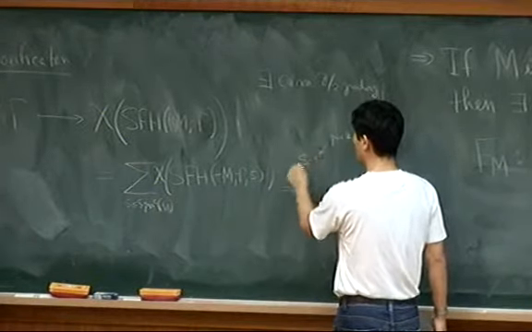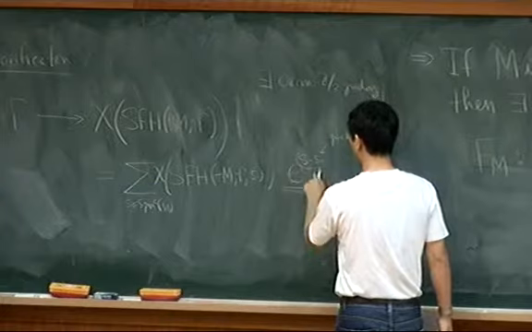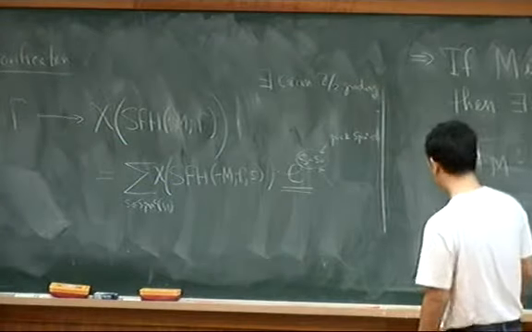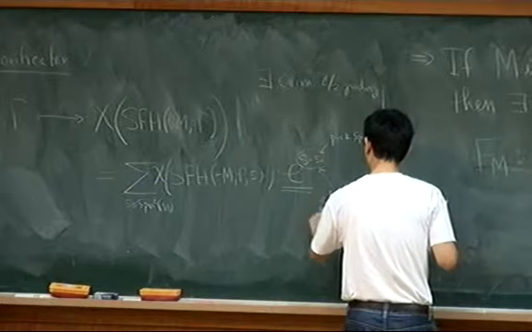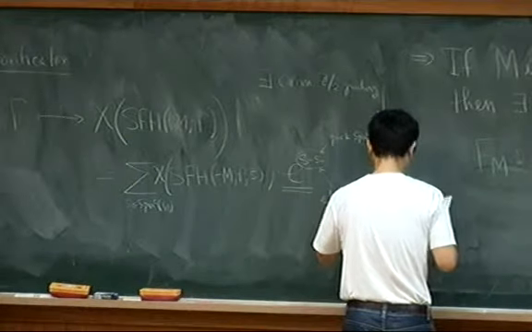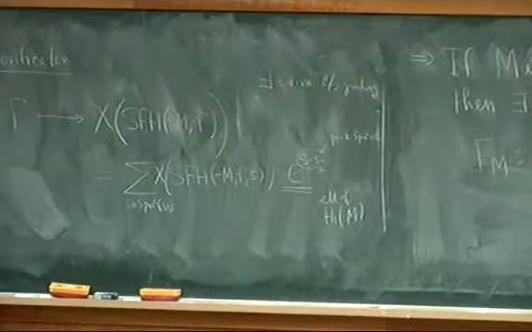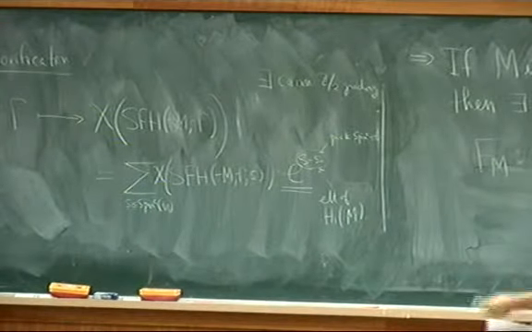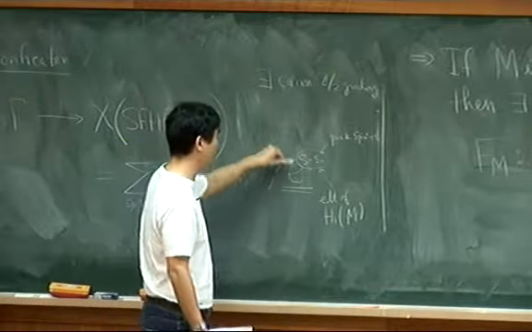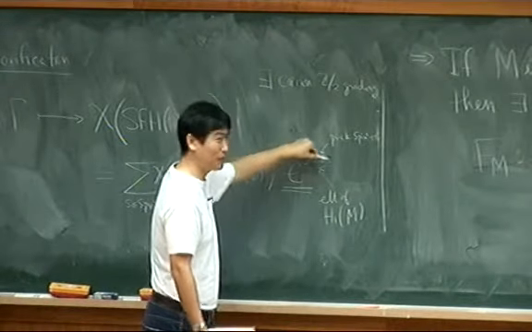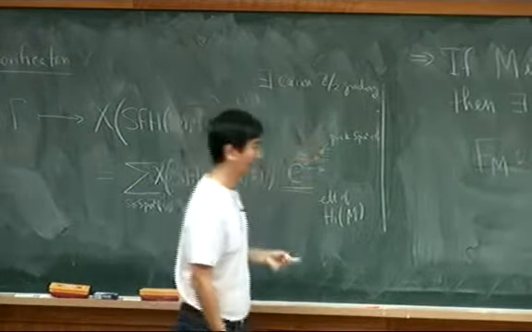The difference of spin C structures is an element of H1 of M. So you have these numbers, and you have e to an element of H1 of M, written multiplicatively.